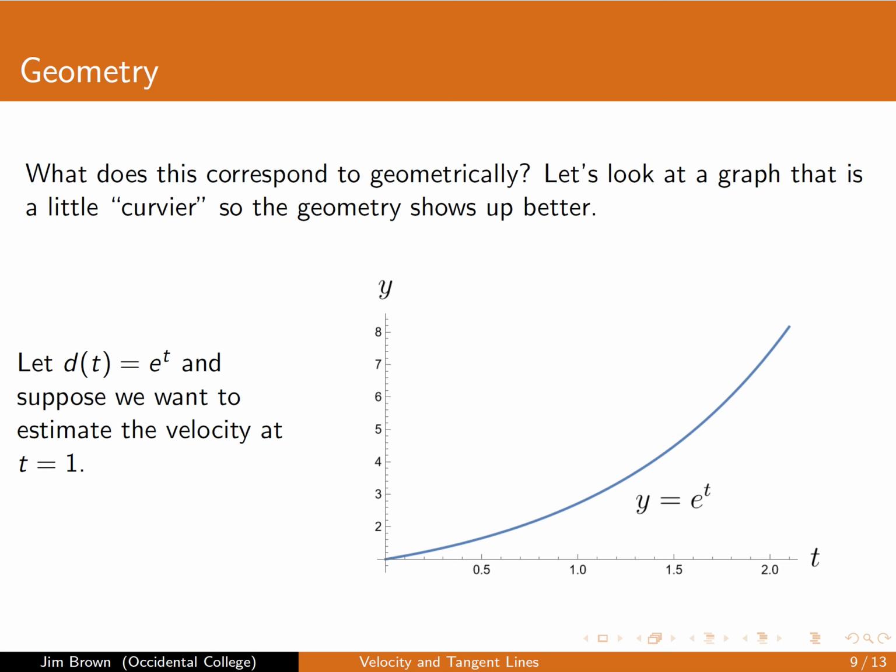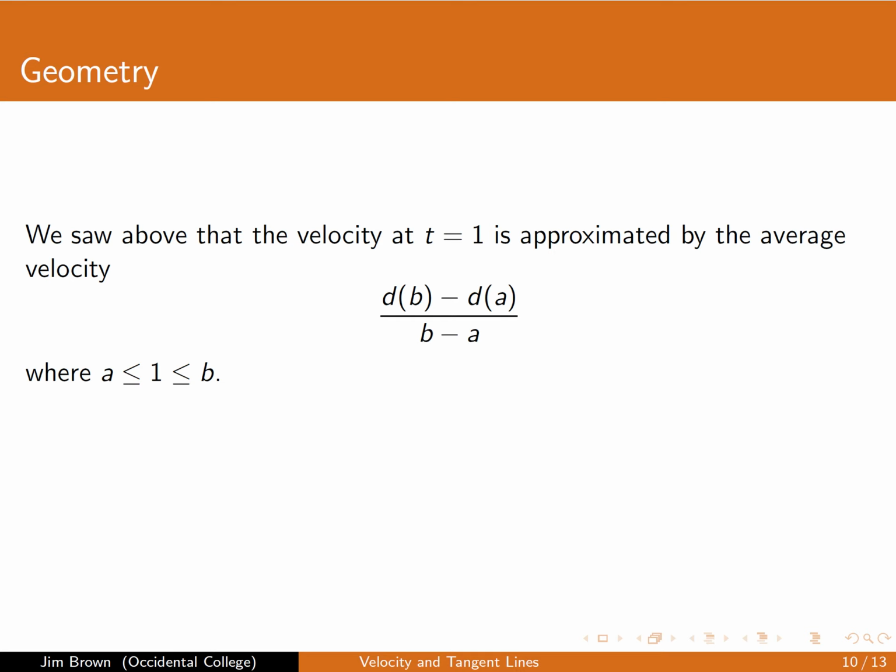So for this case, let's suppose I want to estimate what the velocity is at t equals 1 and see what this means geometrically. We know that we can estimate the velocity at t equals 1 by using the average speeds over intervals containing 1, where we have a and b, with a less than or equal to 1 and b greater than or equal to 1.